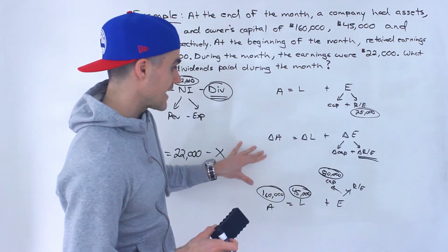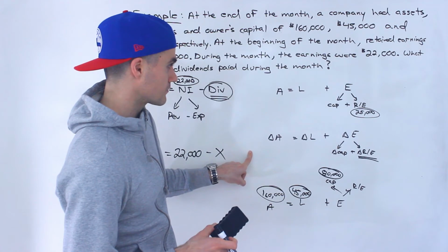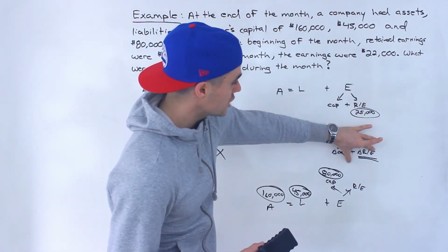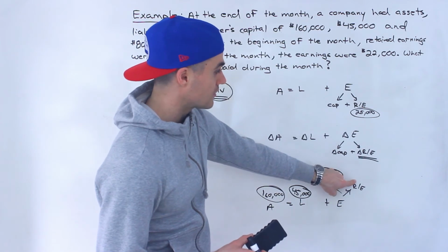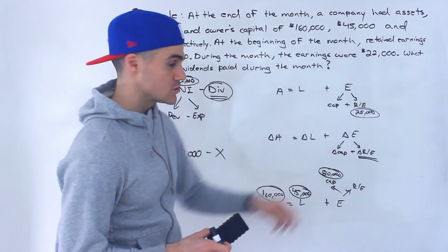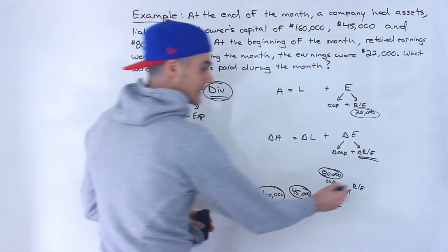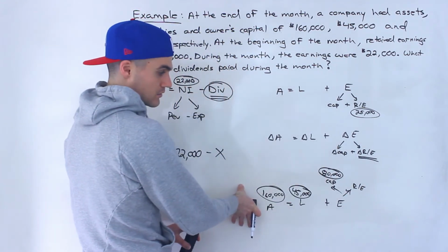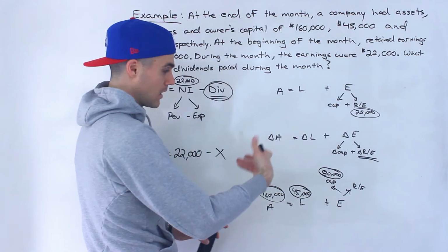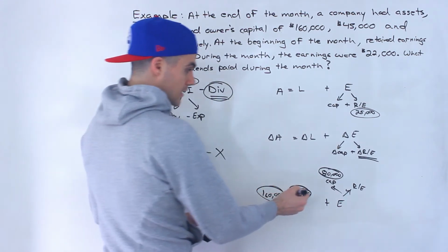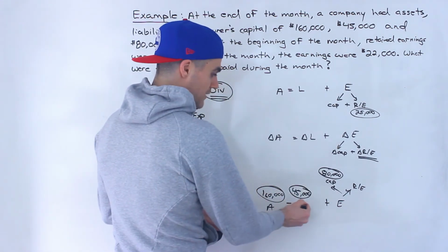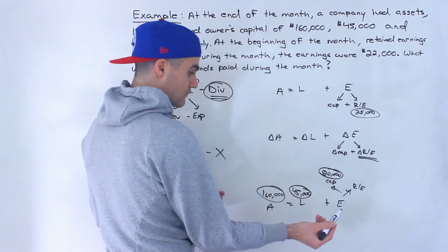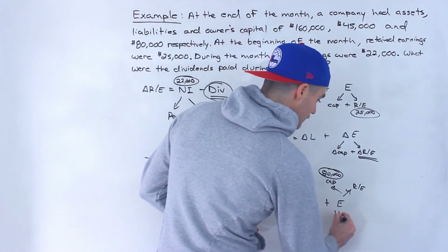And notice that that is possible because we have the beginning retained earnings. We're looking for the change. So if we can get the ending retained earnings, notice we can figure out what that change is going to be. And notice we can get the ending retained earnings from all of this information on that ending month balance sheet, because we have the assets, we have the liabilities, so notice we can get the total equity. 160,000 minus 45,000 would give us 115,000.